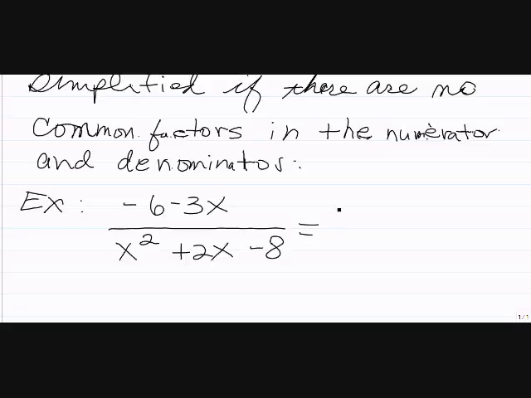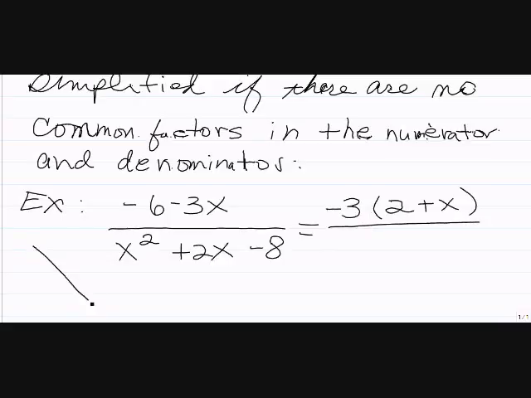-6 minus 3x, I usually pull the negative sign out of any leading number in my factoring. 3 will go into 3 and 6, so I'll factor out a -3. -3 times 2 is -6, and then -3 times 1x would give me -3x.